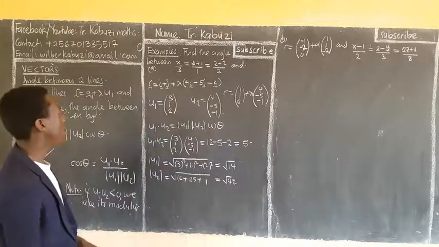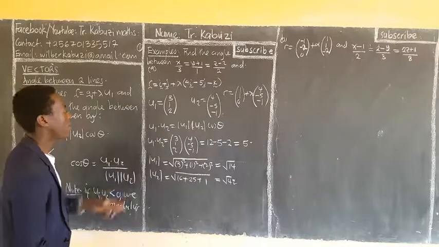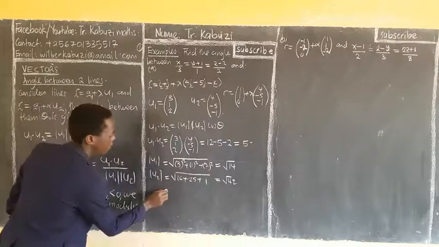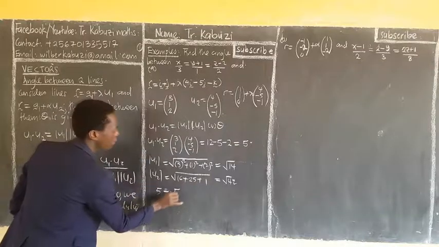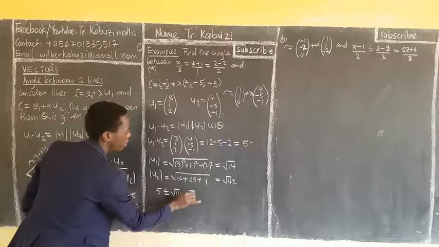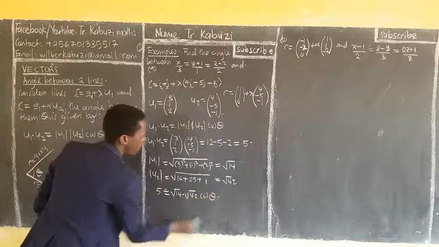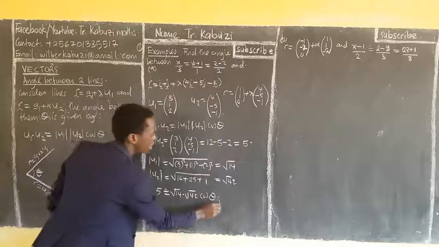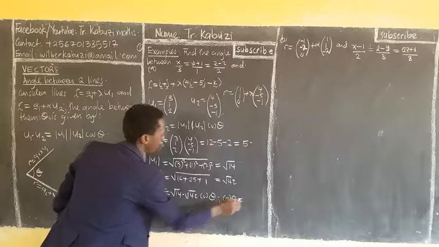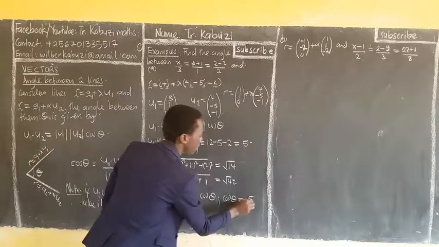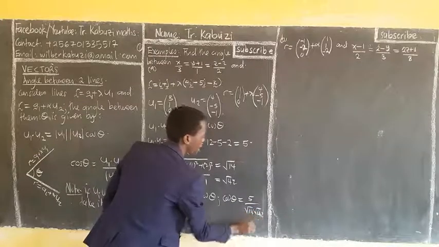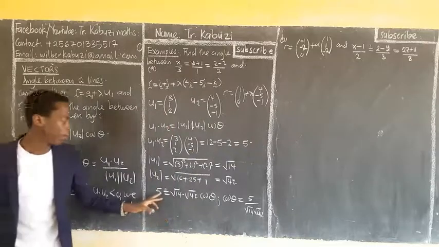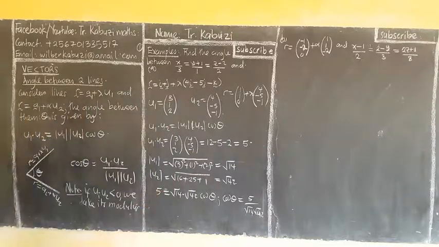And from there, members, we just substitute. Here we have 5 equal to root 14 times root 42, then cos theta. So your cos theta will be 5 over root 14 times root 42. We just substitute because the product was positive.